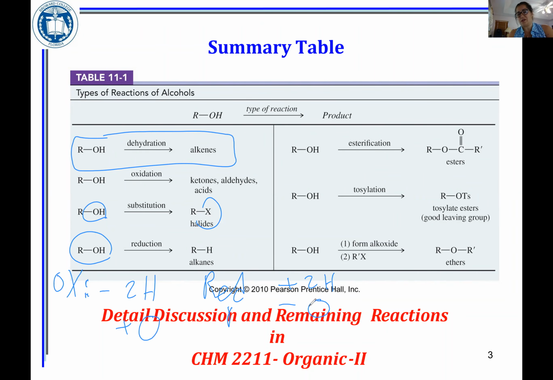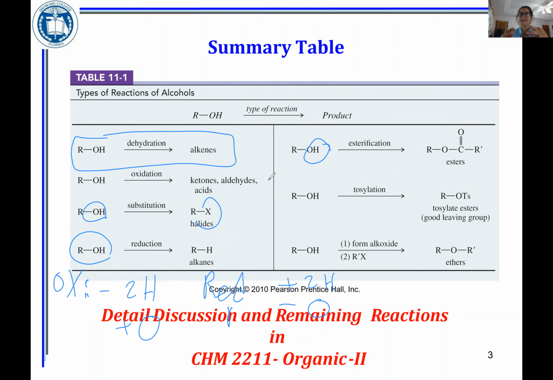If you remove oxygen, it is also going to be reduction. So reduction means adding hydrogen or removing oxygen. Oxidation is the opposite. So you learn one, and you expand the knowledge to the other one. Esterification is another substitution or condensation type reaction.